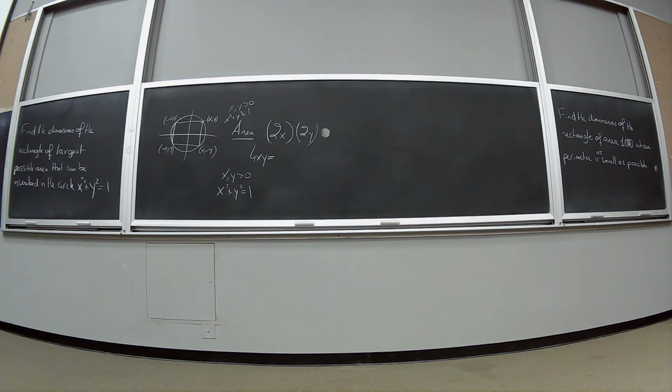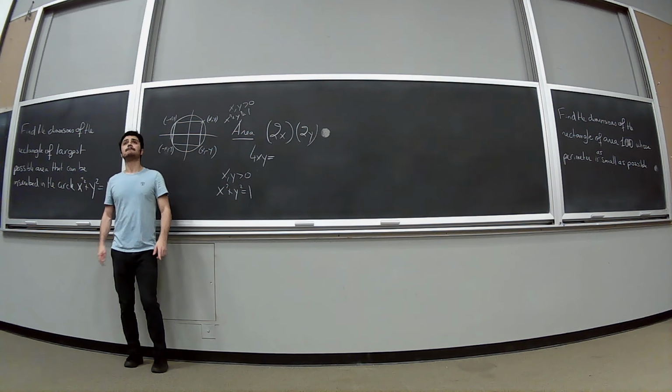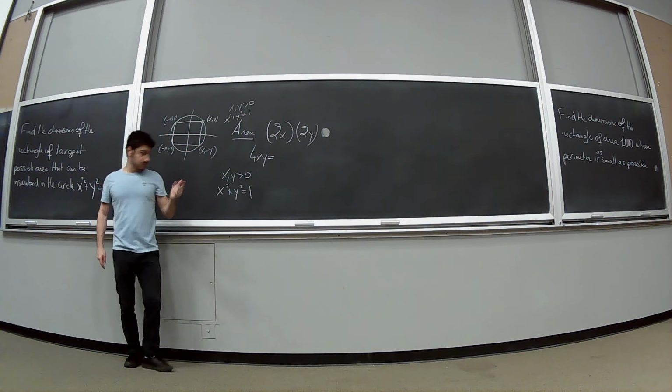Now, this equation has two possible solutions. y is the square root of 1 minus x squared, or y is equal to minus the square root of 1 minus x squared. Now, why here can I choose? What is the constraint that allows me to say that I can solve for y in terms of x? Yes? Y is greater than 0.